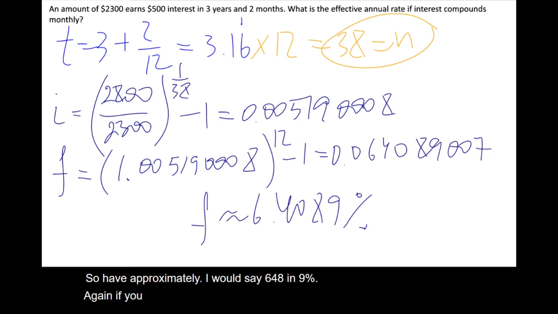Again, if you need less accuracy, you can go 6.4, 6.41, whatever. Questions, guys? Okay, can we continue? We have two more questions.